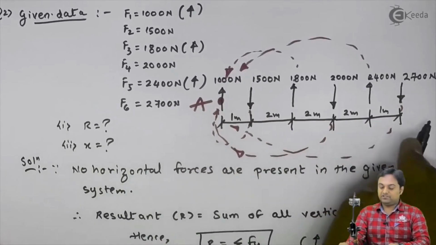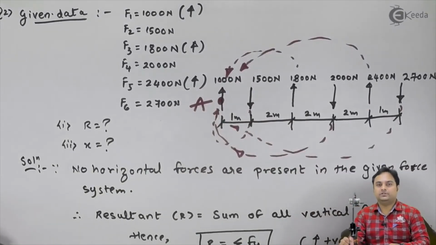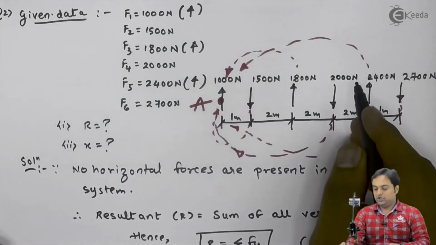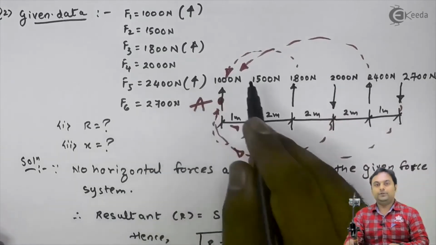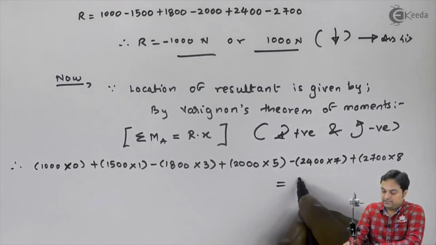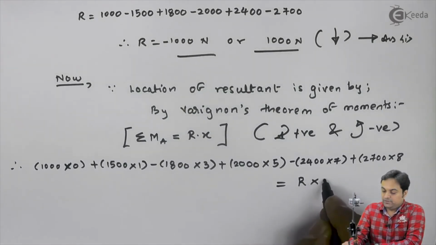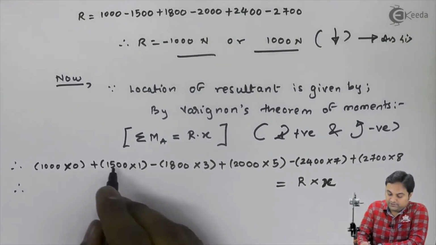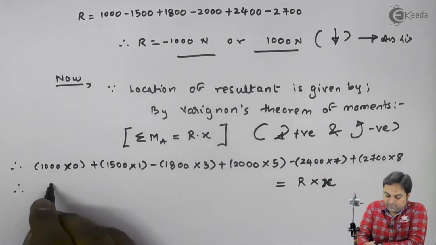So somewhere in this system, resultant will be acting in the downward direction. And if it is acting in the downward direction, the moment produced by resultant would be clockwise. I'll write it as plus R into x, and what is R? R is 1000.